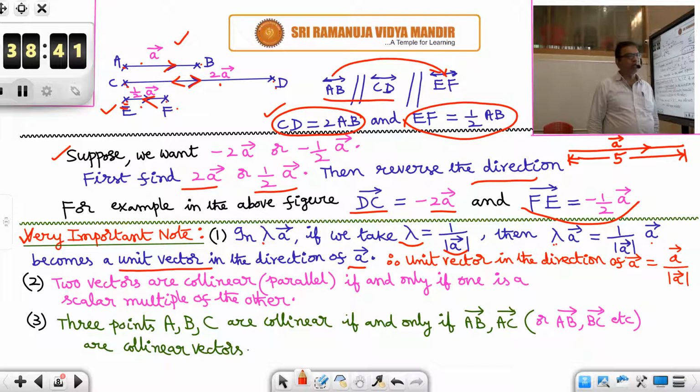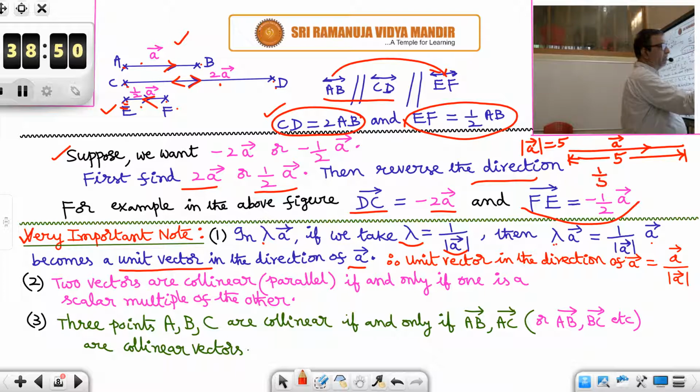For mod A bar, magnitude 5. So that means mod A bar is 5. So now consider 1 by mod A bar. That means 1 by 5 into A bar, that means A bar by 5.